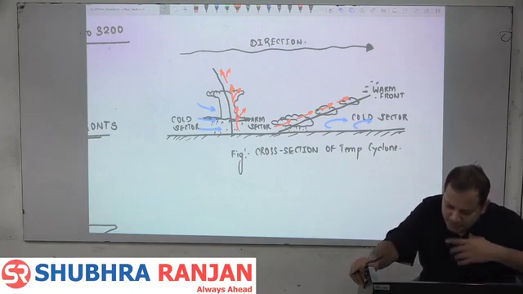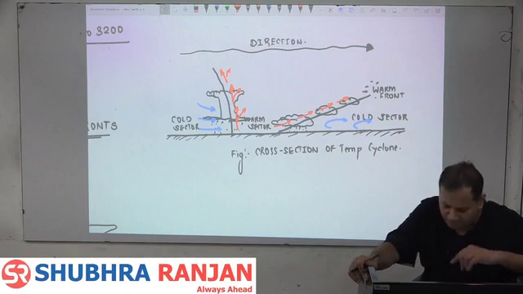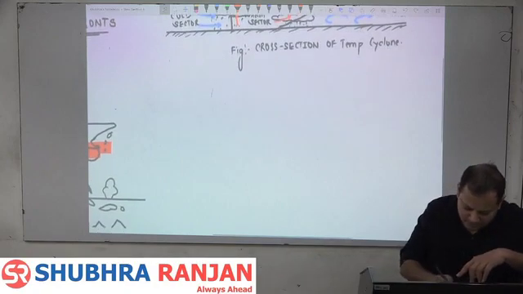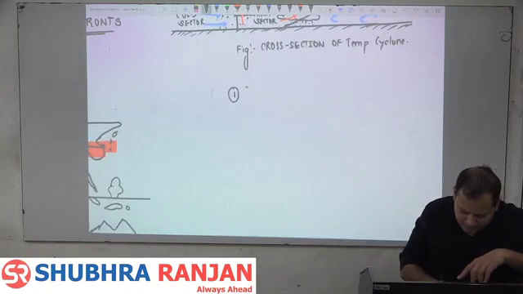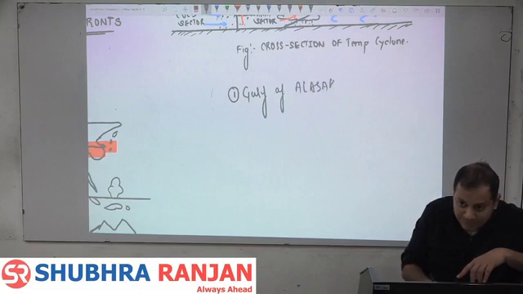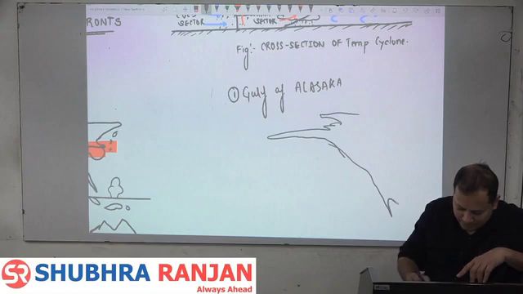First, Gulf of Alaska. Can someone tell me why Gulf of Alaska? ये है Gulf of Alaska, USA का.